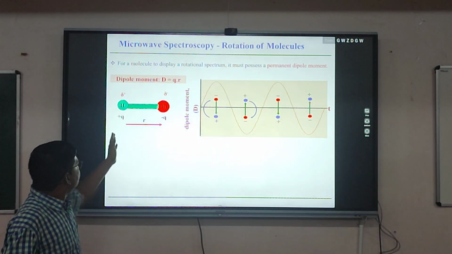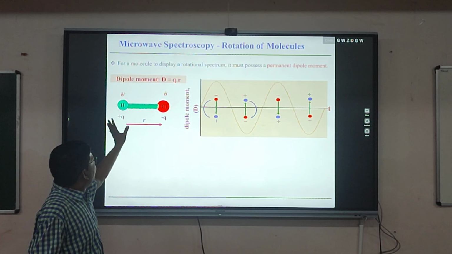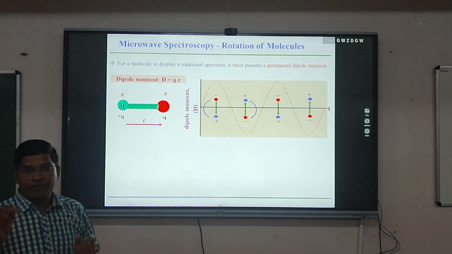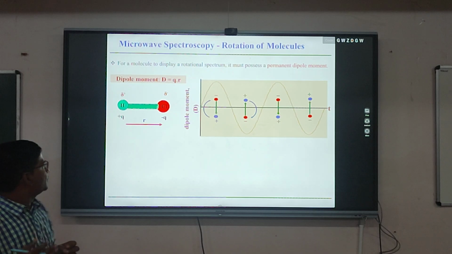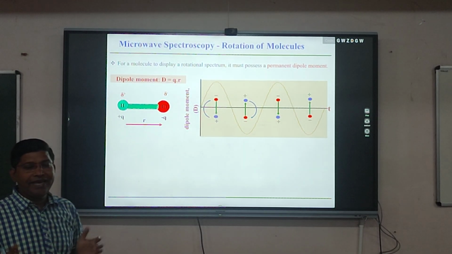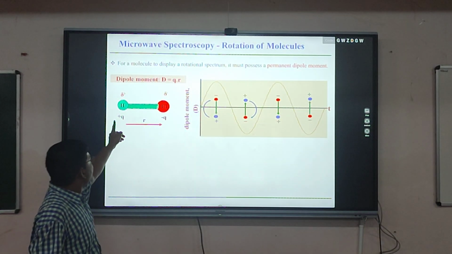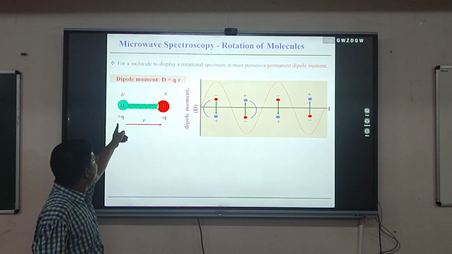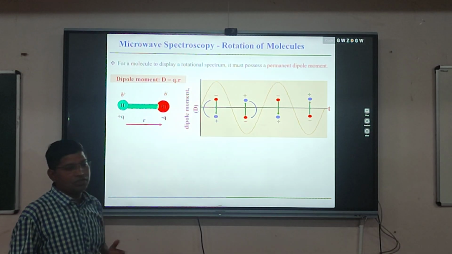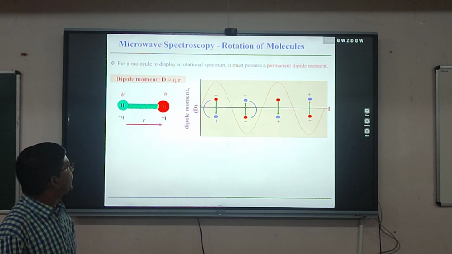Also, the dipole moment is a vector quantity, which means it has a direction. We generally draw this vector from the partial positive charge to the partial negative charge.